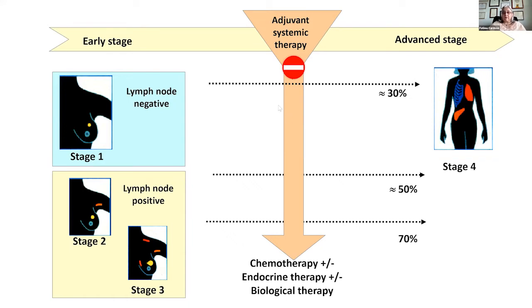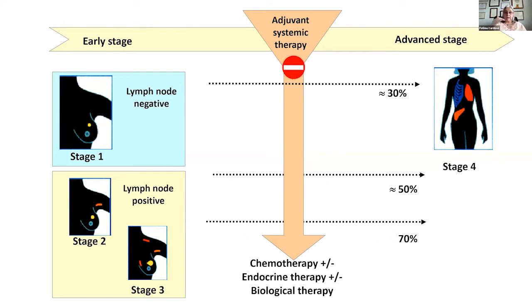So the idea of providing treatment after the diagnosis of an early breast cancer is to try to avoid the relapse, particularly the relapse at a distant site. And this we do with what we call adjuvant treatment, or neoadjuvant when it's given before surgery. This can be chemotherapy, endocrine therapy, or biological therapy.